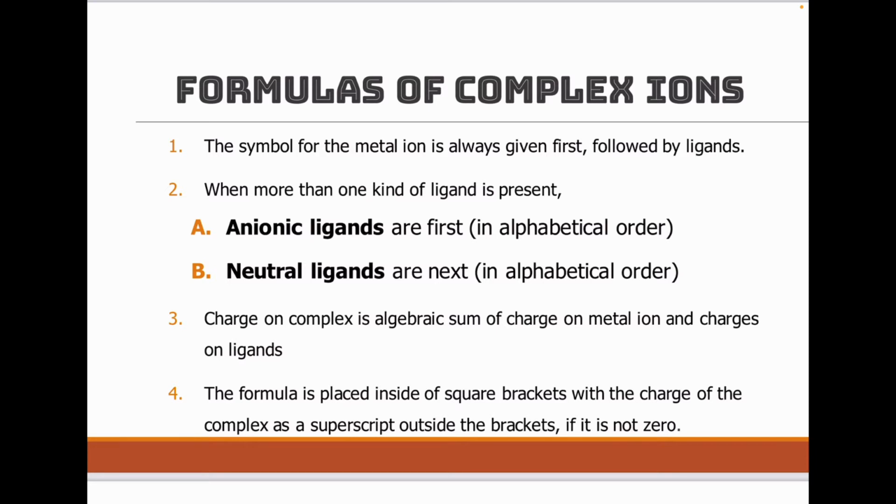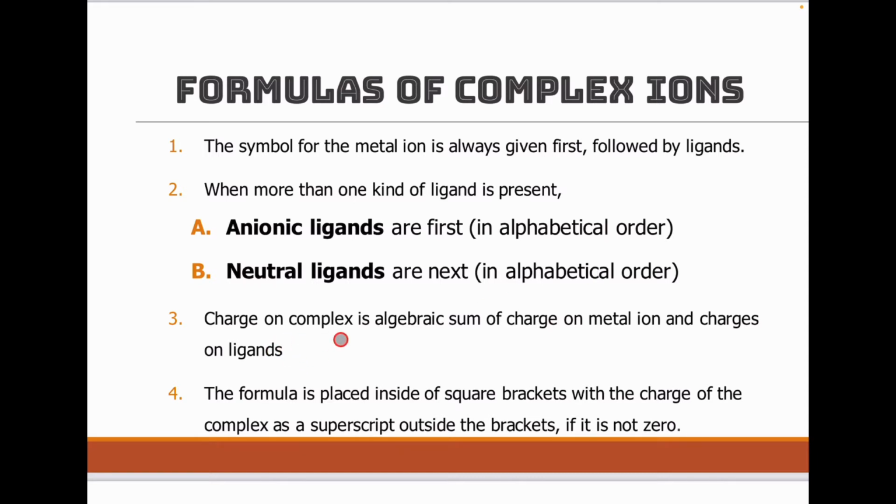Formulas of complex ions. The symbol for the metal ion is always given first, followed by the ligands. When more than one kind of ligand is present, the ionic ligands come first in alphabetical order. Neutral ligands are next, in alphabetical order.